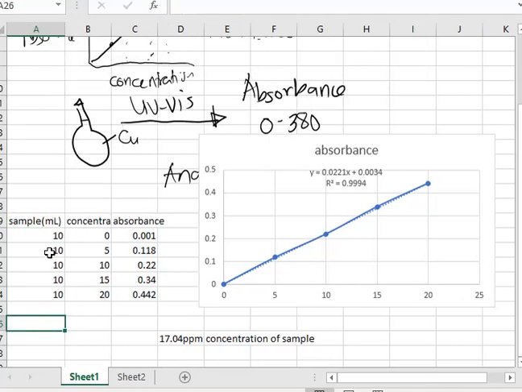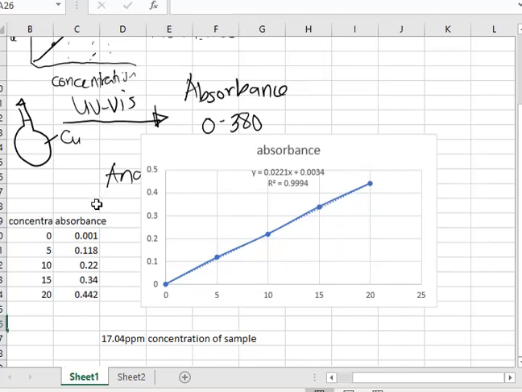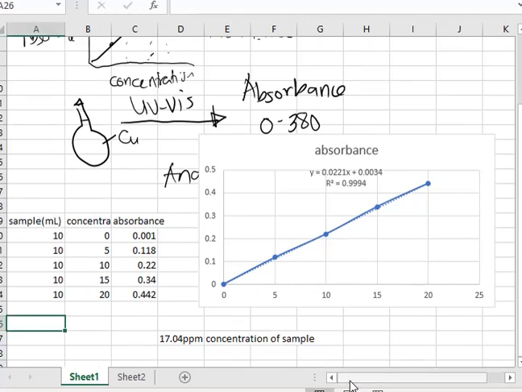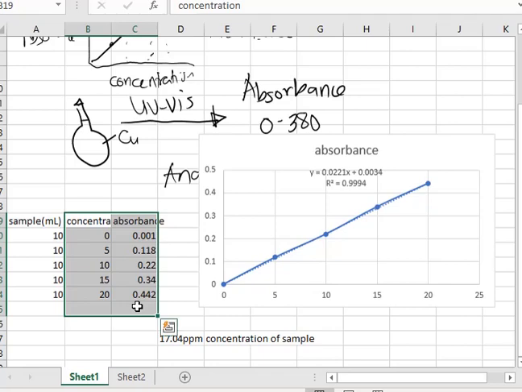The method, class, is standard addition. If you add a constant amount of sample, like 10 ml, to each of your standards, that's called the standard addition method.